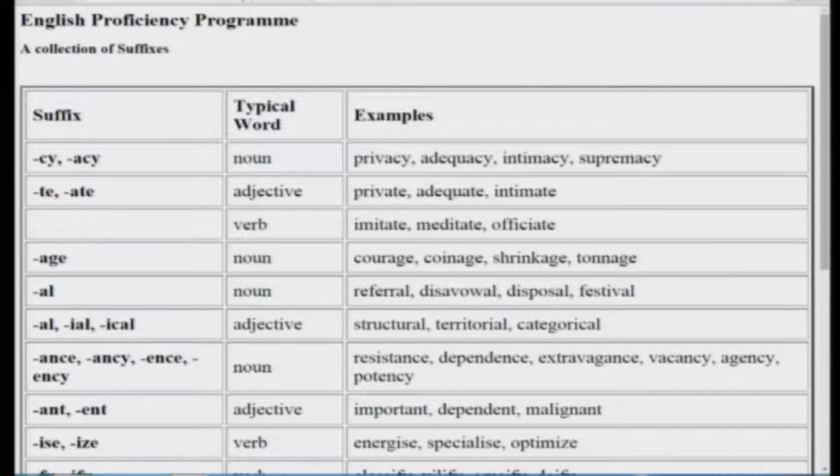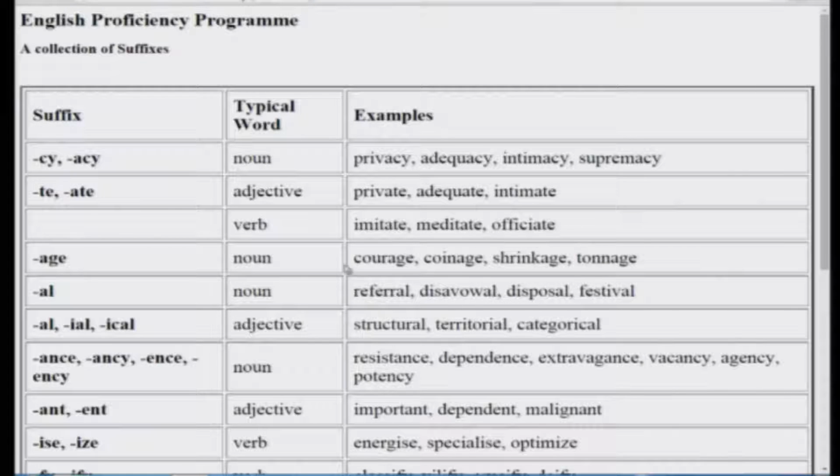TE, ATE also add at the end of a word to give rise to verbs like imitate, meditate, officiate, and so on. Sometimes it joins with an I before that. And there is AGE. So, the result is noun: courage, coinage, shrinkage, tonnage.